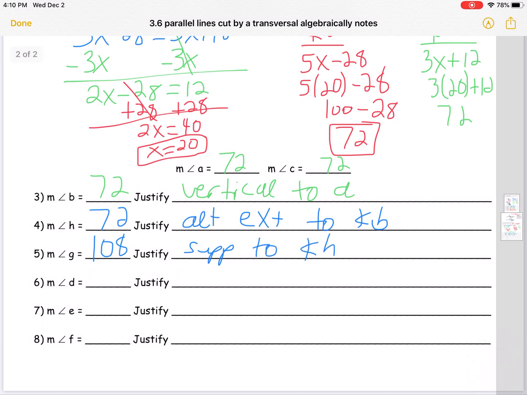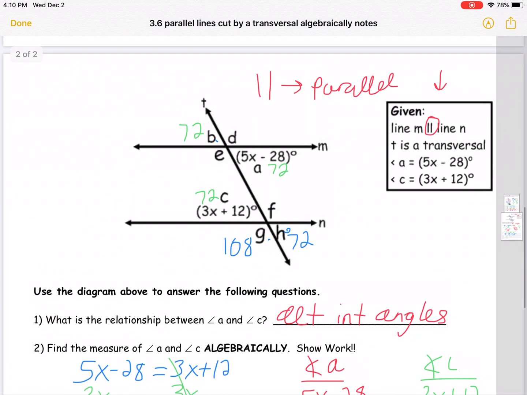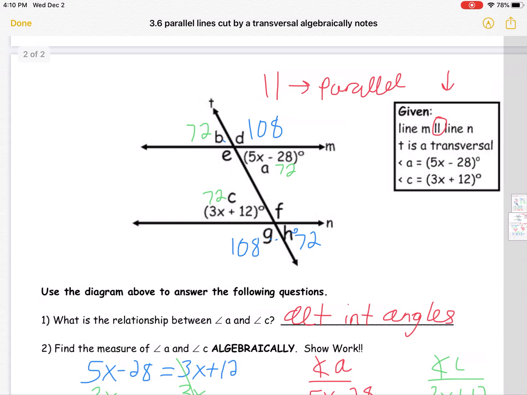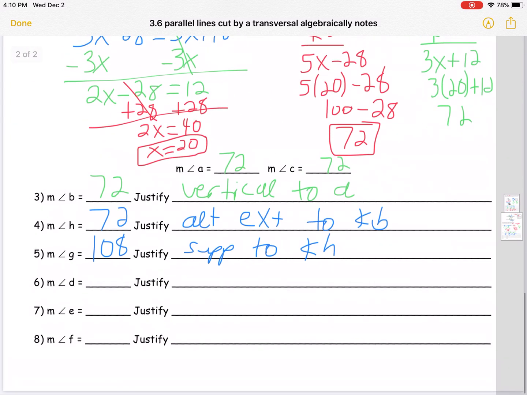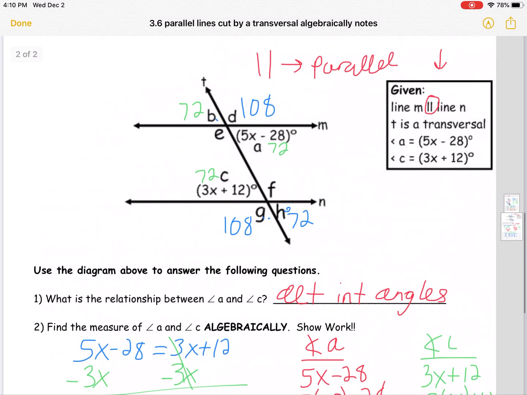All right, let's see, angle D. Angle D is right up here. D is also going to be 108. And there's a bunch of different reasons you can write, but I'm going to write alternate exterior to G. Okay, angle E. Angle E is also going to be 108.